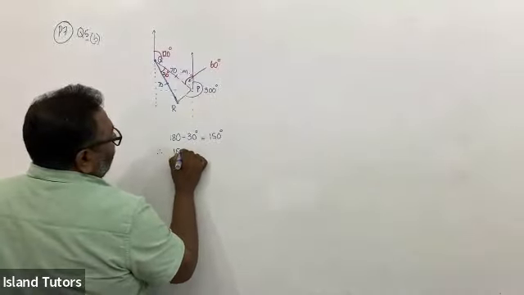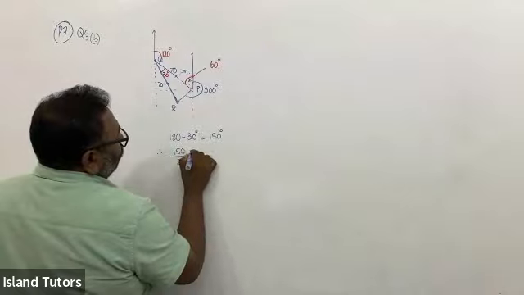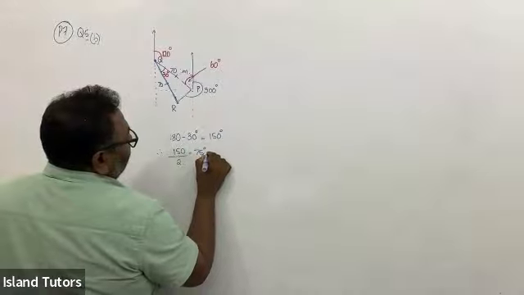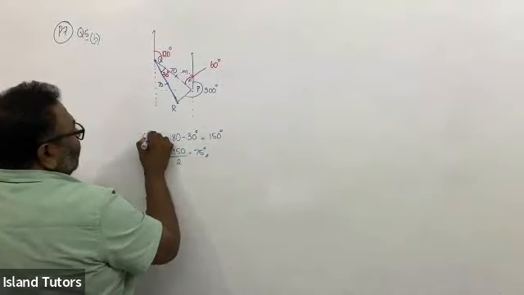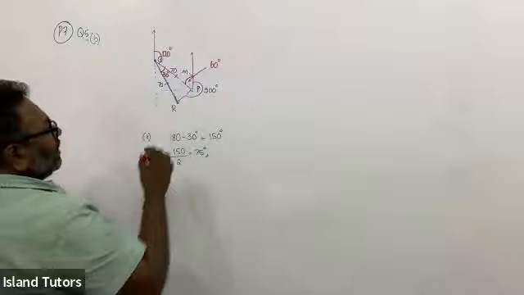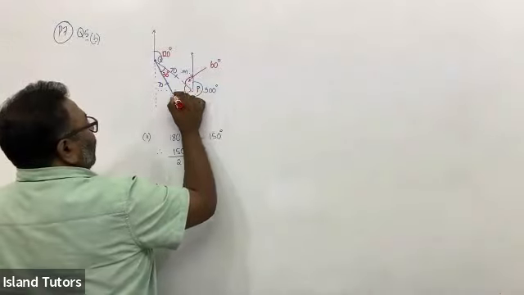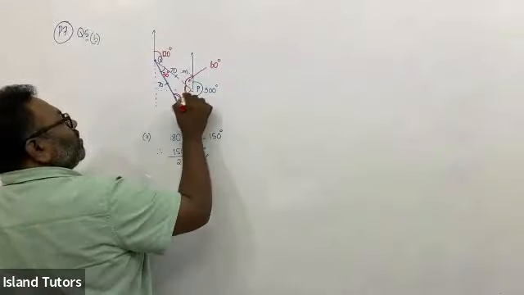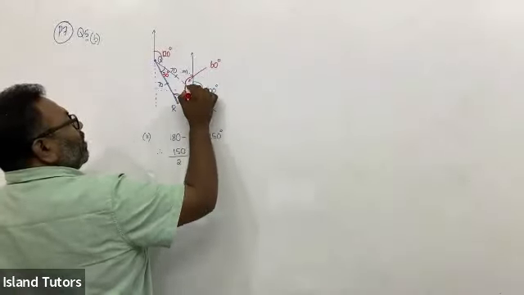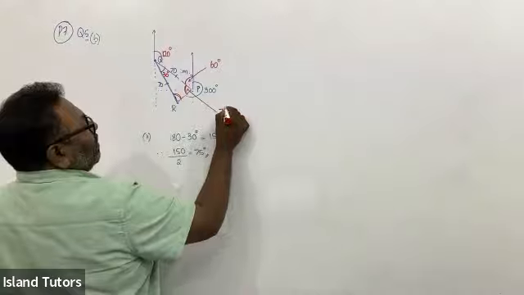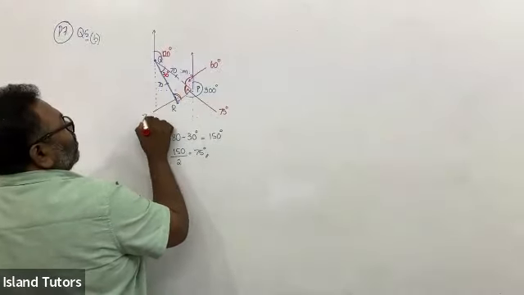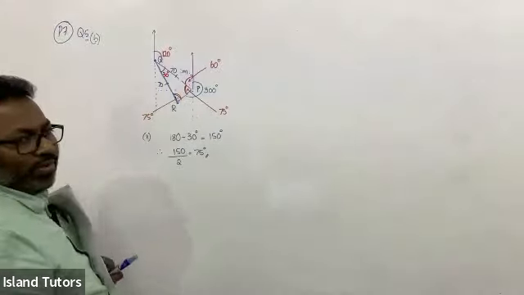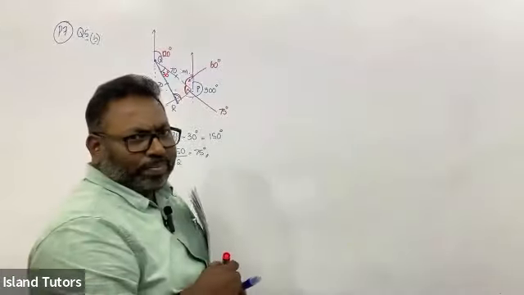Therefore, 150 divided by 2, this angle is going to be 75 degrees. So this angle is 75 and this angle is also 75. Understood?